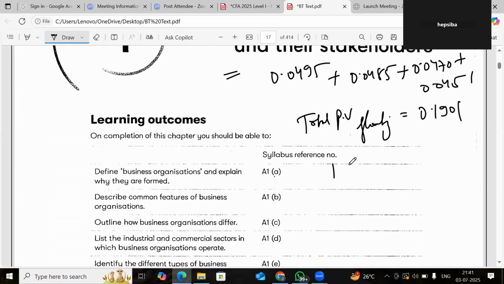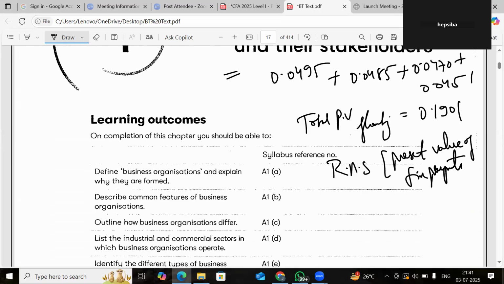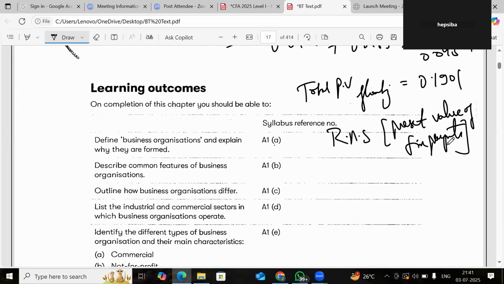Now, present value of fixed payments. Now, see, I can take F common, right?